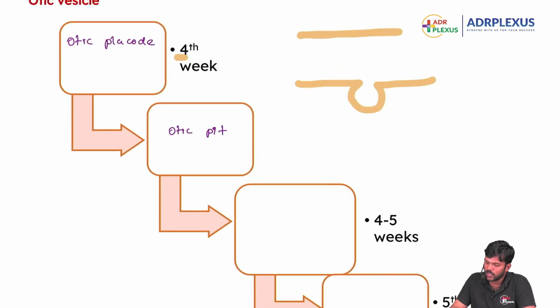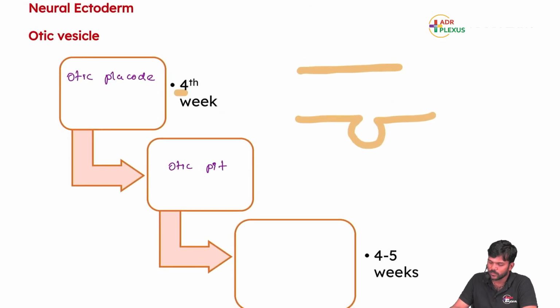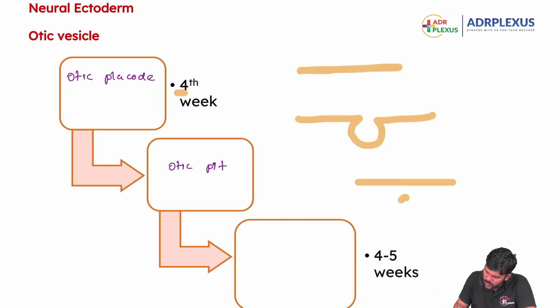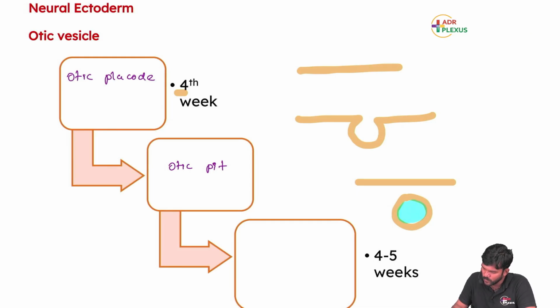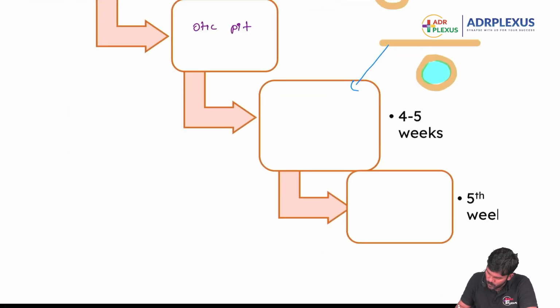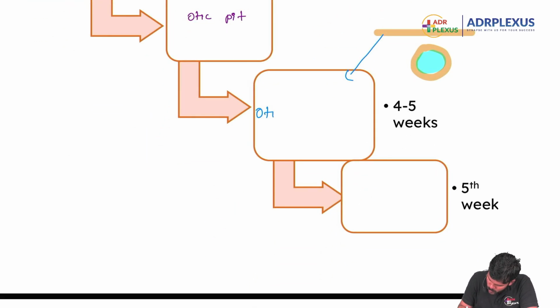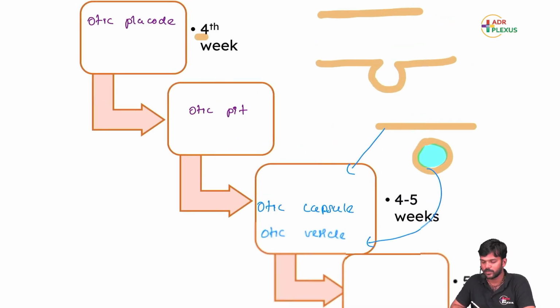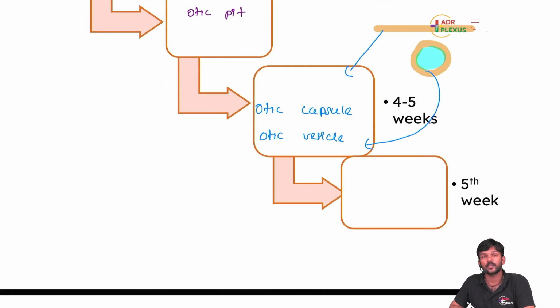This otic pit will slowly rearrange themselves till the 5th week of gestation to form two distinctive structures. The outside structure name is otic capsule. This one is otic vesicle. Otic capsule and then otic vesicle. Okay, sir.